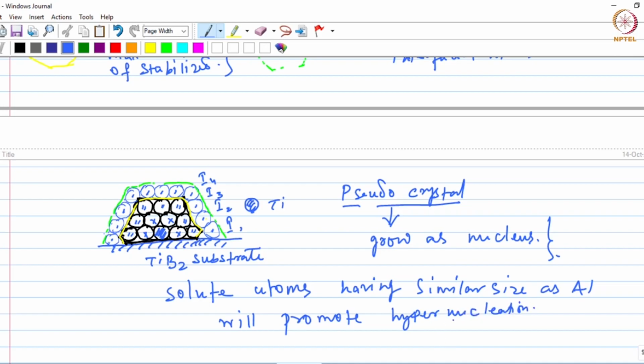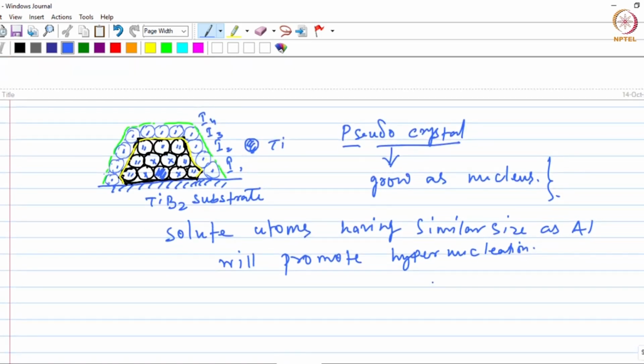The atomic radius of titanium is very close to aluminium, and that is why titanium is effective in promoting the hypernucleation.